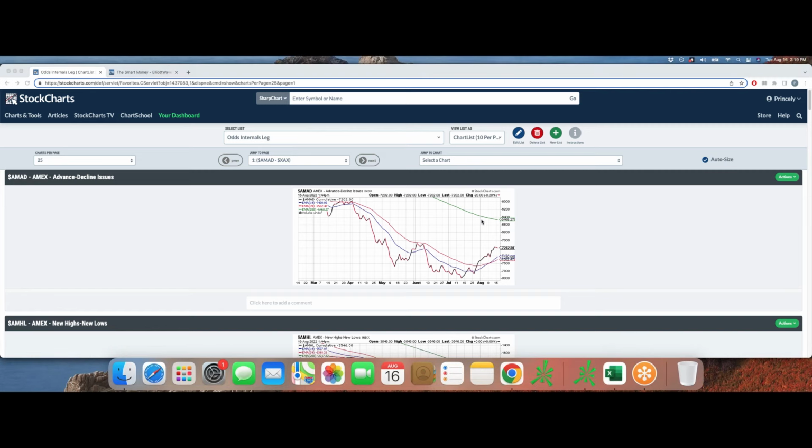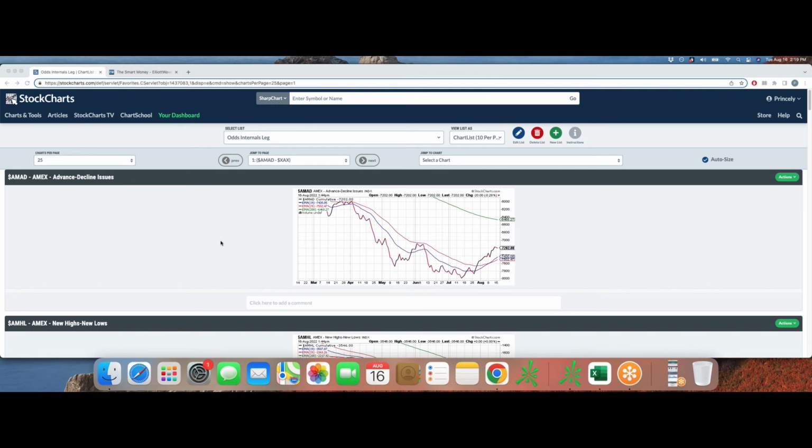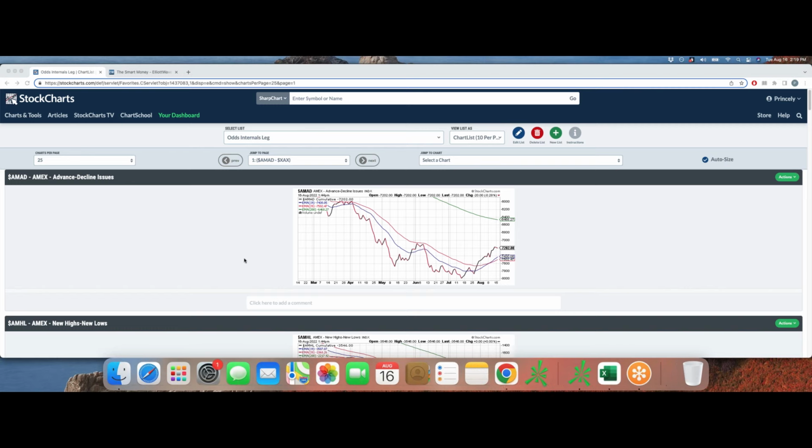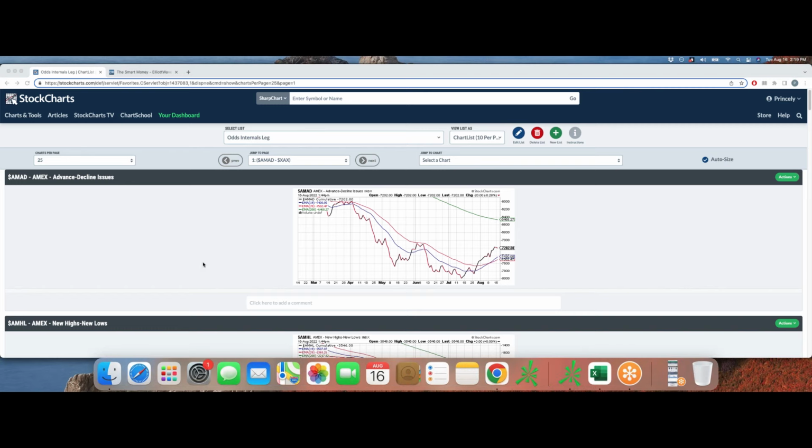Okay, so the internals leg, I actually shared this link in one of my posts. If you did not see it, I will share it again. I've made this whole thing public so that you can look at it yourself if you wish to.